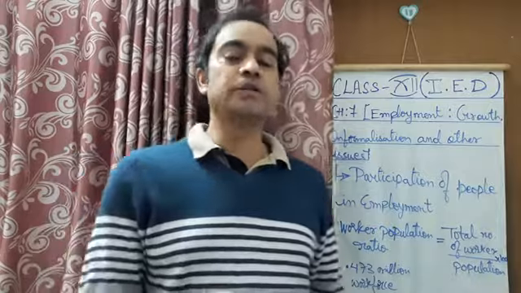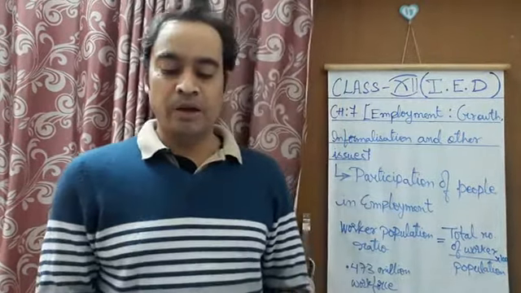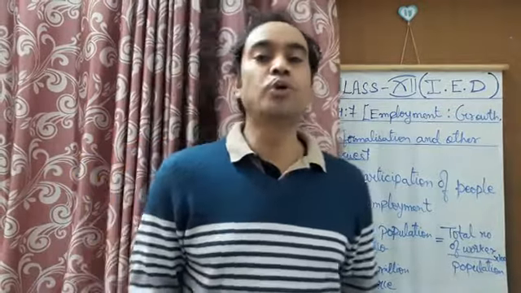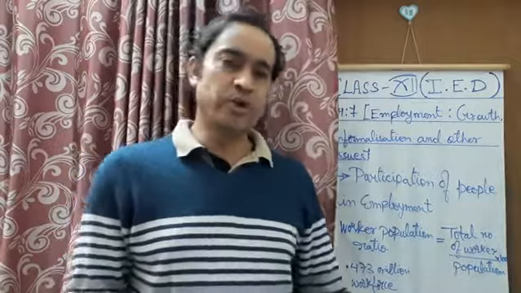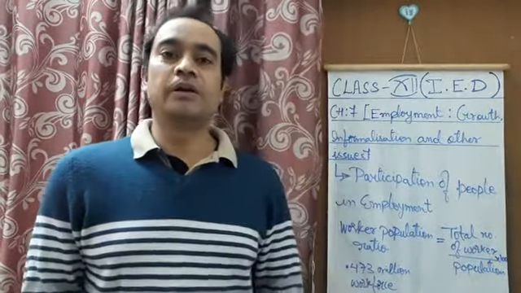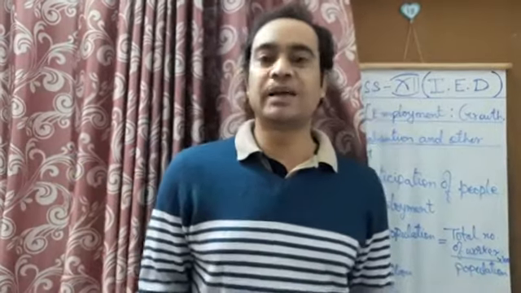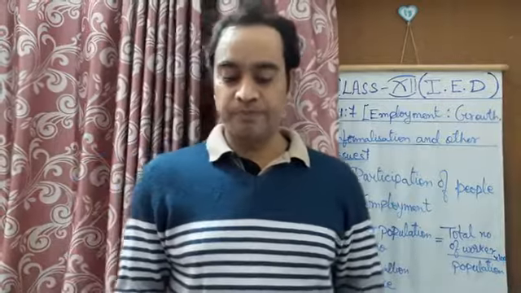Whereas in the rural areas, out of every 100 rural women, 25 are found to be participating in the employment market. So here you can see that even among females, more females are found to be working in the rural areas.